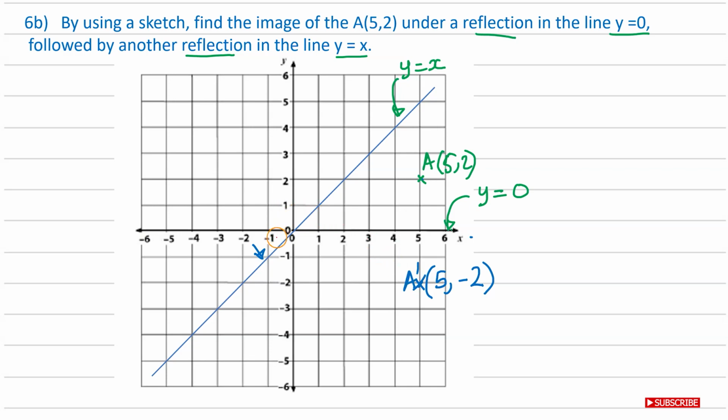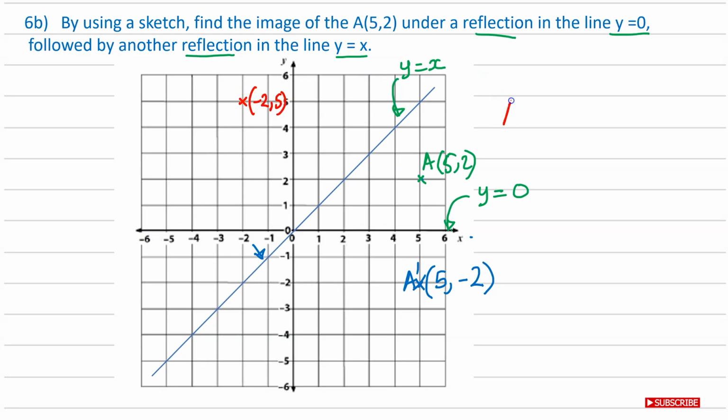All that happens is that the coordinates switch. So the x value becomes the y value, and the y value becomes the x value. So this (5, -2) is now going to be (-2, 5), which is going to be over here. So this point is now (-2, 5).